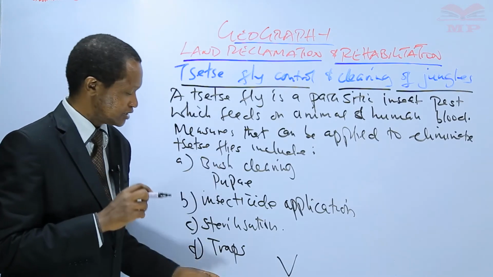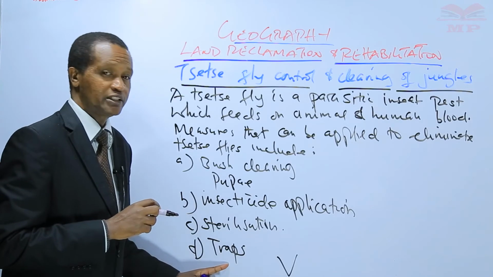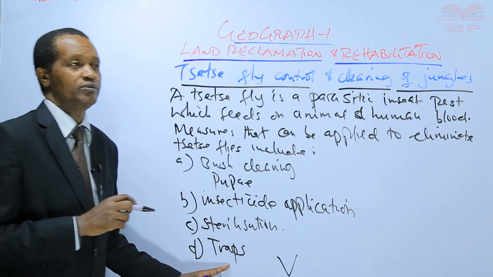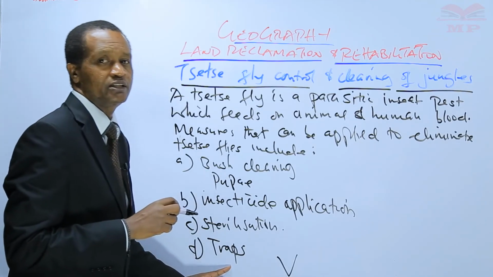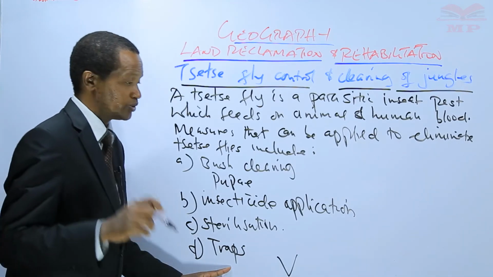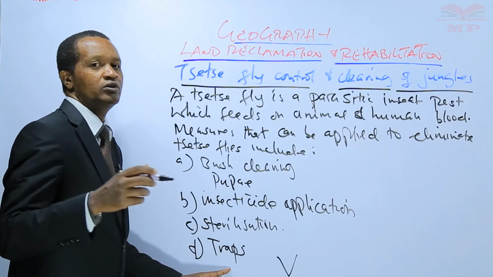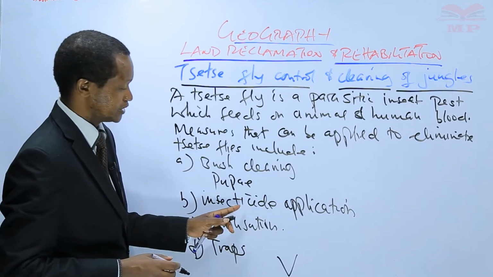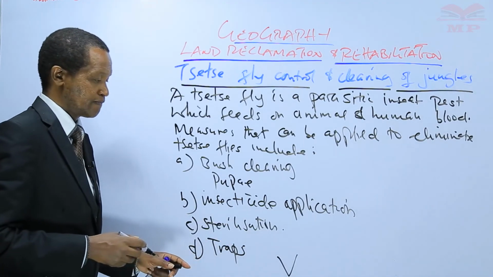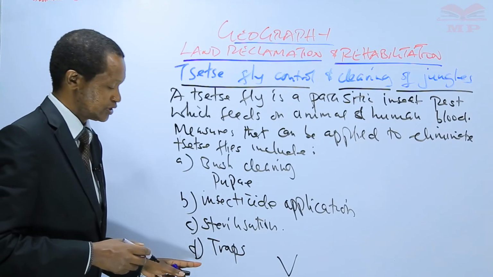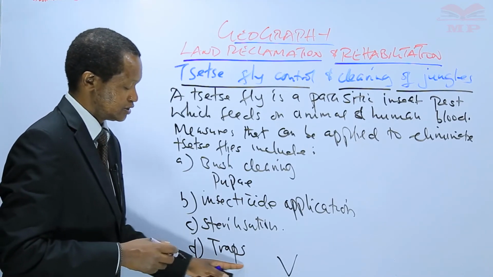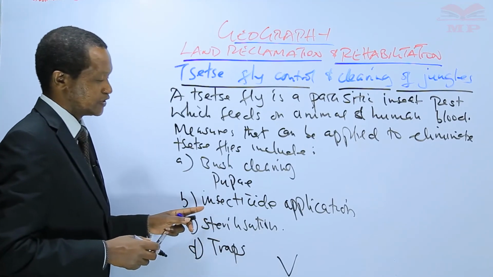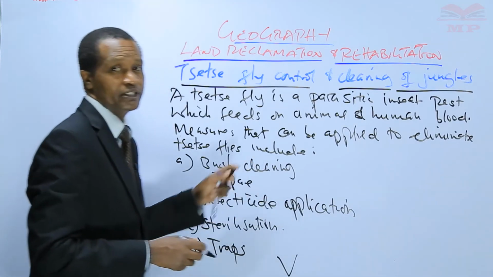And learners, this method is cheap, and it gained popularity due to environmental awareness on the pollution caused by use of insecticides. All right, so this method is more popular because of the disadvantages of insecticide application.